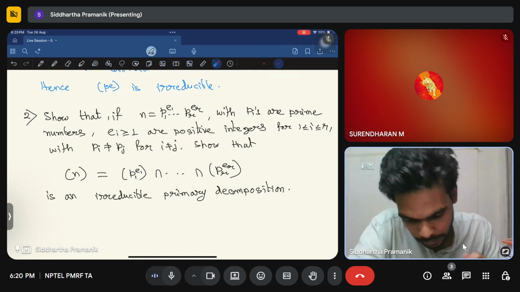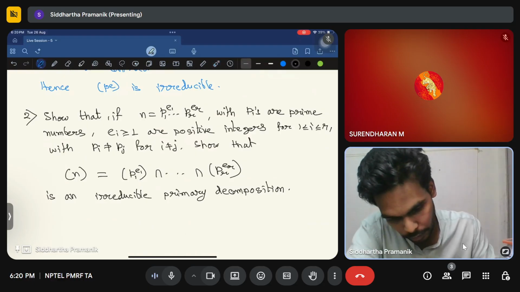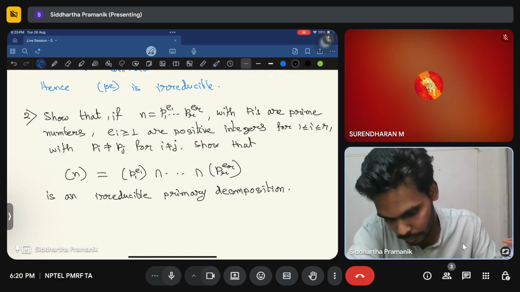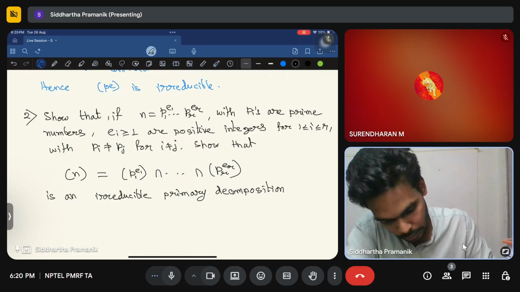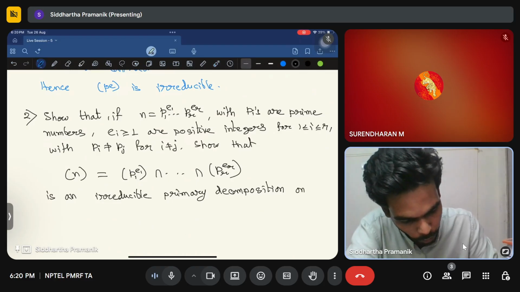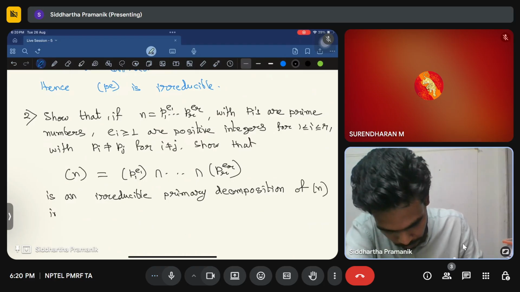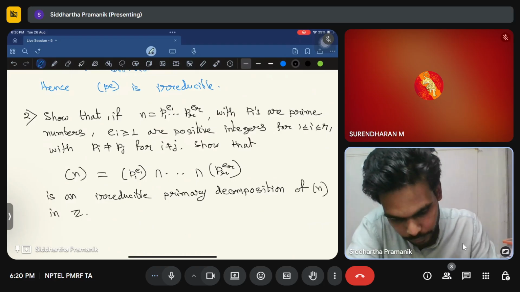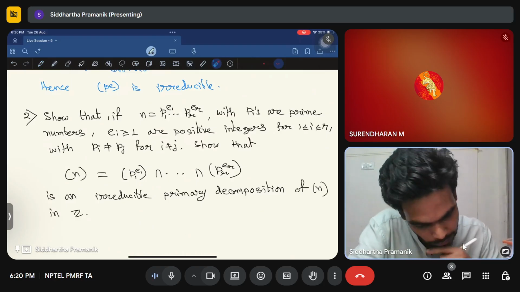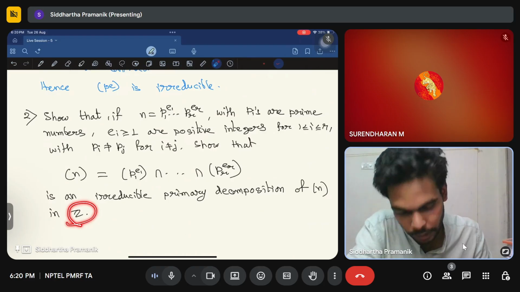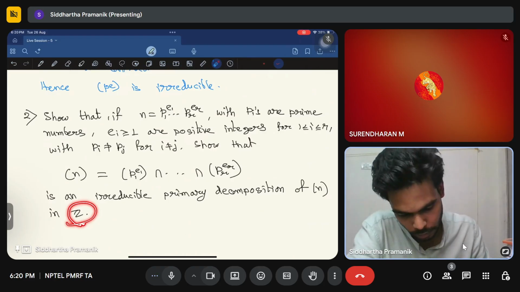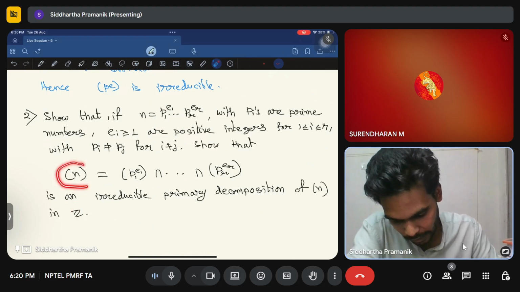So basically, we have to mention the ring. So irreducible primary decomposition of the ideal generated by n in Z. So here in the ring Z, we know it is a principal ideal domain. So we are taking an arbitrary ideal, so that is a principal ideal.